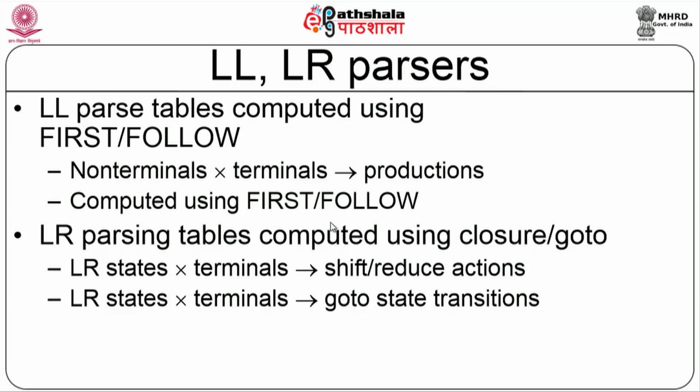The rows typically refer to the LR states, and the columns will be terminals as well as non-terminals. The non-terminals are grouped together and called the goto section, and the terminals are grouped and called the action section. So at the intersection of the state and the action, I will have either a shift action or a reduce action.